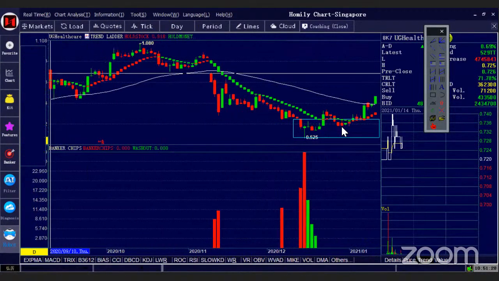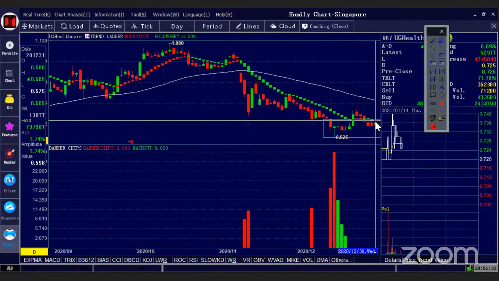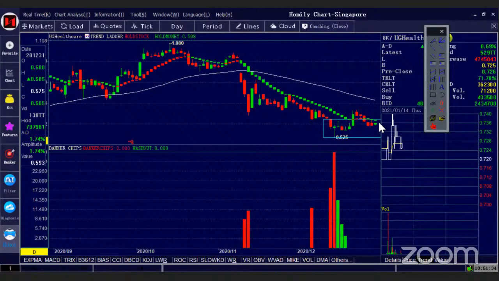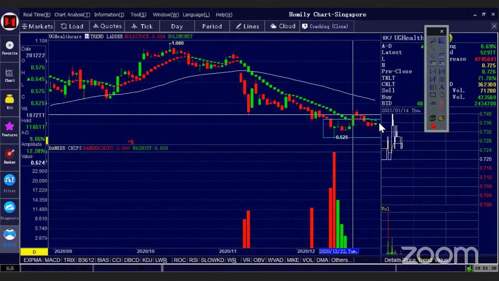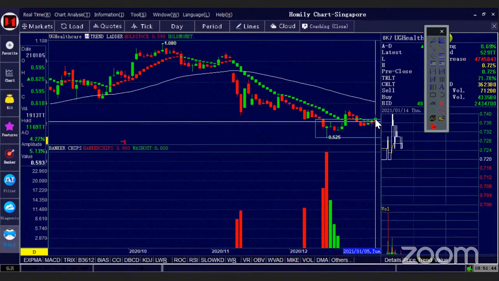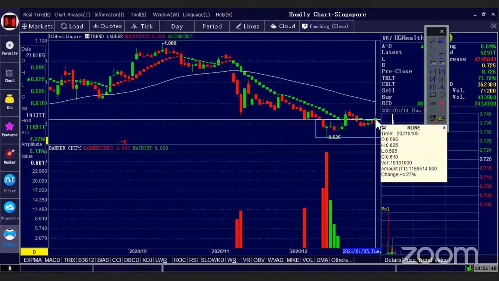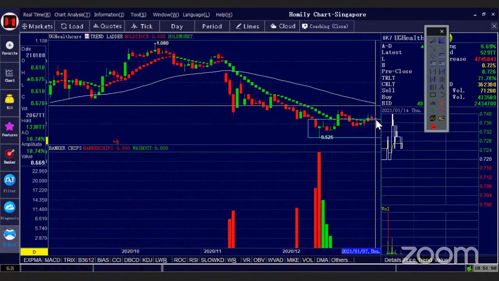Here, can you see this? The trend ladder is still green, still green, and the next one, yes, the trend ladder turns red. And we see the price above the banker's cost area, so this is the day you can consider buying.